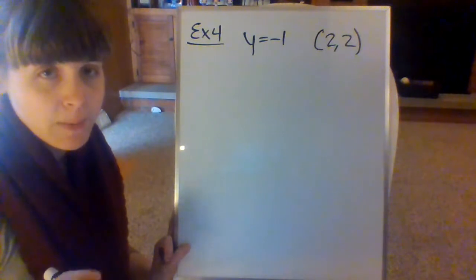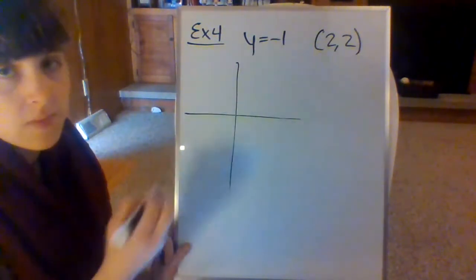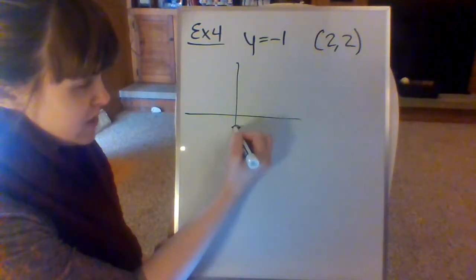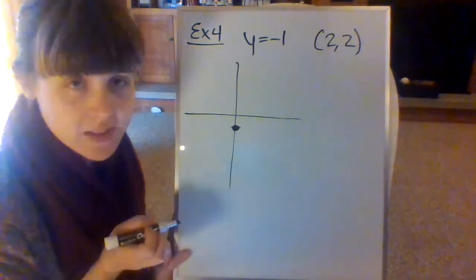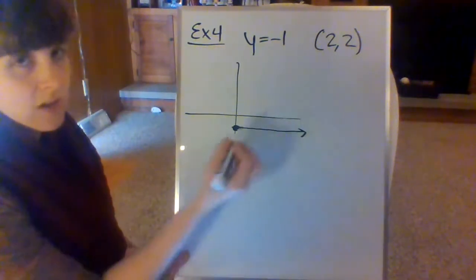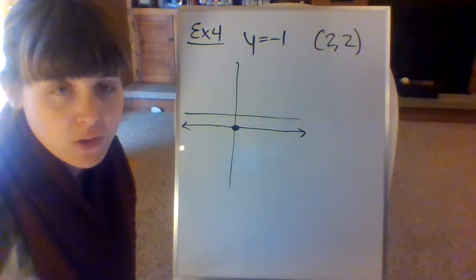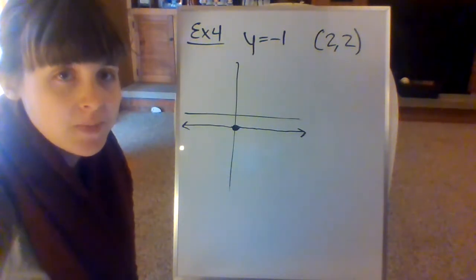Okay, so I'm going to draw you a picture of this line real quick. Alright, so y equals -1 would be here, and if you remember from me talking about this a previous day, y equals -1 would look like this. So it's a horizontal line that passes through the point 0, -1.